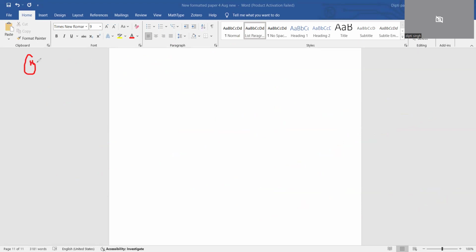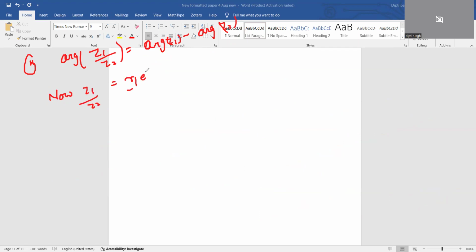Second one, if we want to prove argument of Z1 upon Z2 will be argument of Z1 minus argument of Z2, how can we prove? Now Z1 upon Z2 will be R1 e to the power I theta 1 upon R2 e to the power I theta 2. So it will come R1 upon R2 e to the power I (theta 1 minus theta 2).